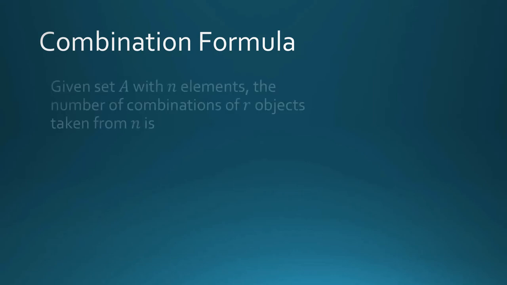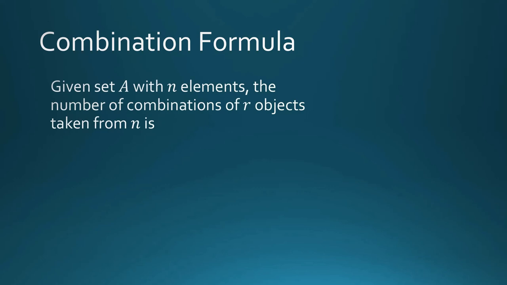Maybe you can still recall the combination formula. Our concern with the combination is not what those combinations are. Going back to your maybe grade 9, grade 10, these were introduced to you. Our interest is in counting how many combinations there are of R objects from a set containing n elements.